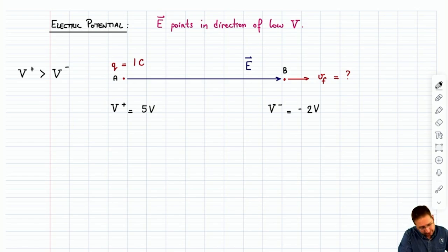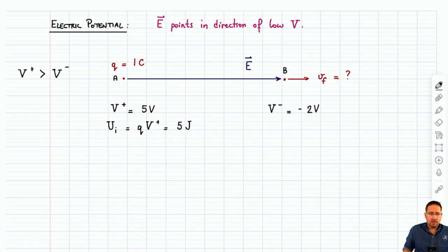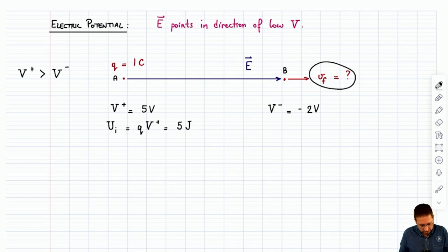But if somebody tells me that it's 5 volt and minus 2 volt, then I can say that the initial potential energy of Q, if V plus is the amount of energy per charge at point A, then I take the charge Q multiplied by V plus, and I get 1 times 5 is 5 joules of potential energy. Potential energy is energy due to position. It can be spent by the particle to acquire kinetic energy, which it does.